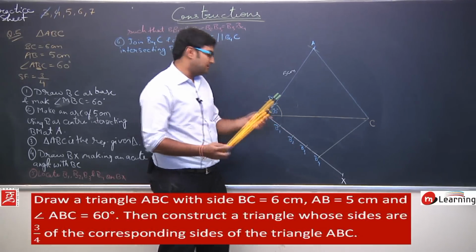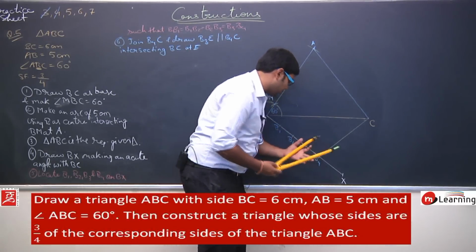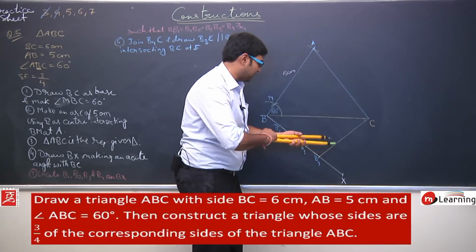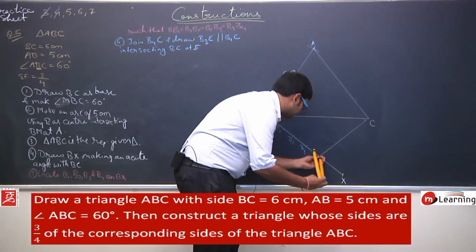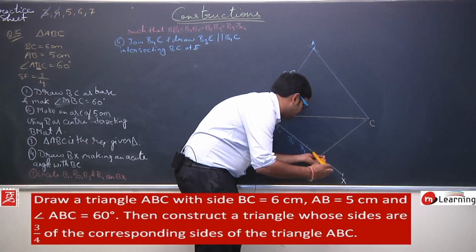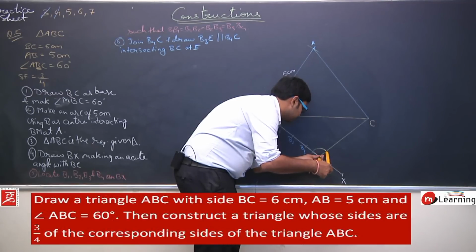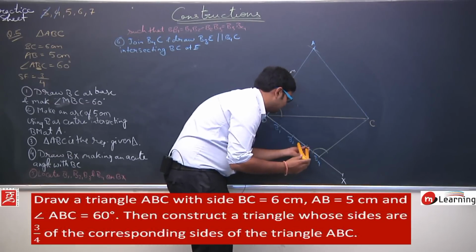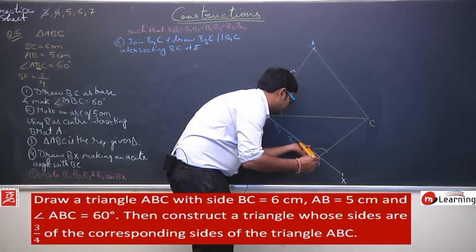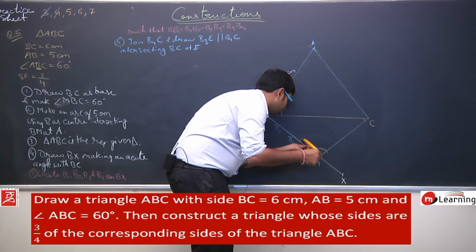Let us say this is a random radius that I have taken. Oh, this will be a bigger radius, so let me take it smaller, like this. I will put the needle of this compass at point B4 and draw an arc like this, and a similar arc using B3 as center I will draw like this.